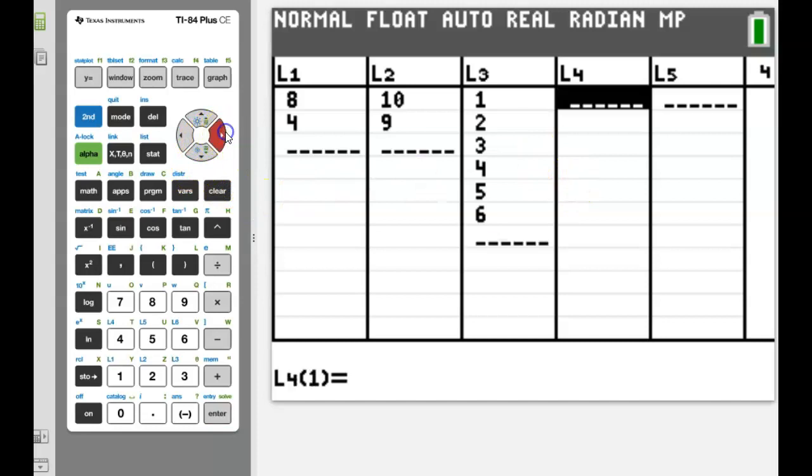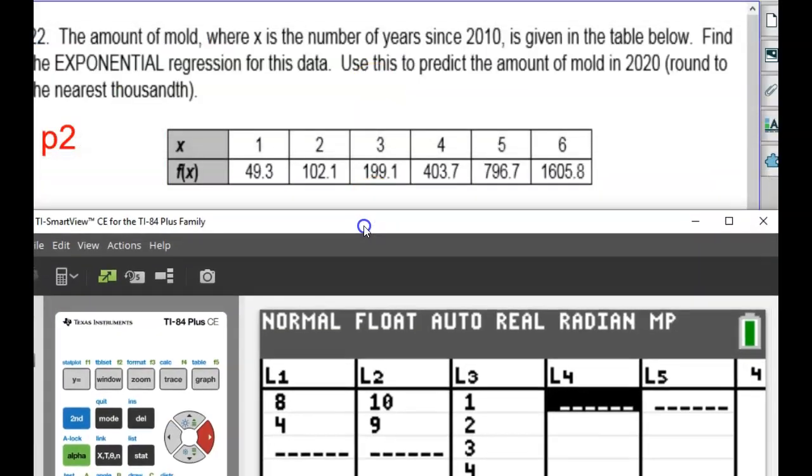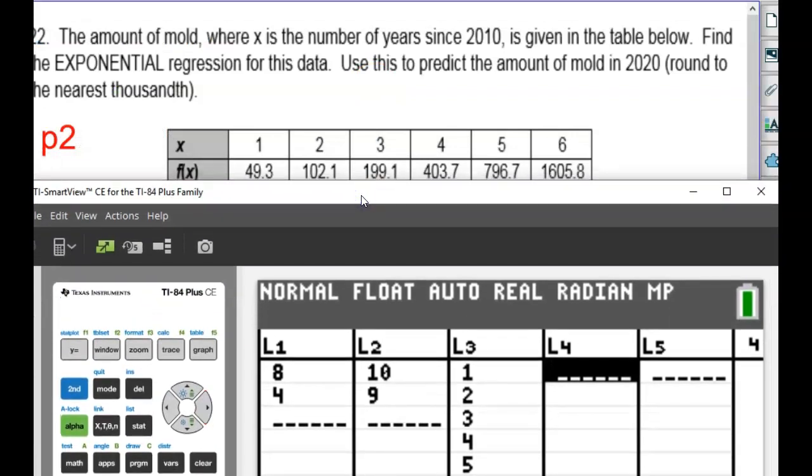Can anybody read me the numbers? Are they icky? Oh man. 49.3, 102.1, 199.1. I hope I gave you better numbers because it's so easy to put one in backwards or something.